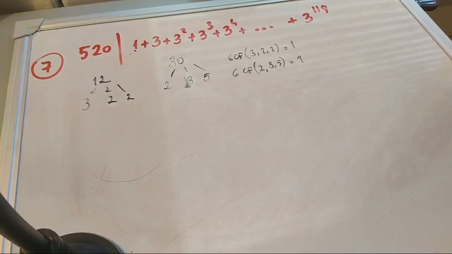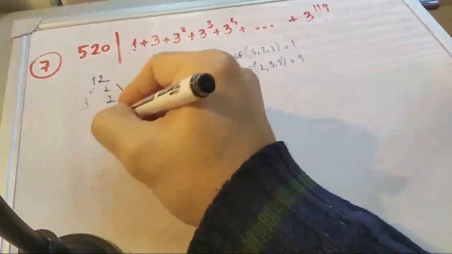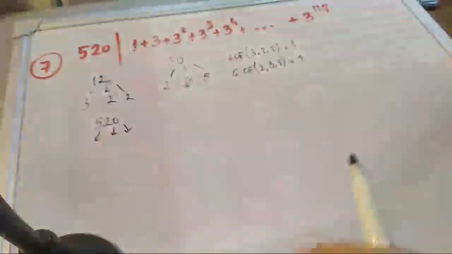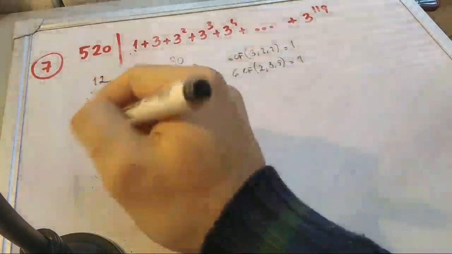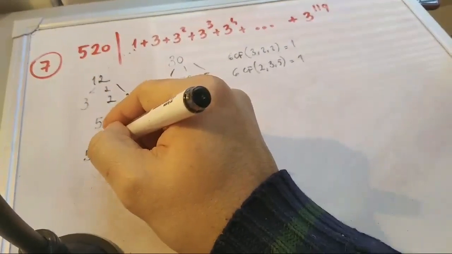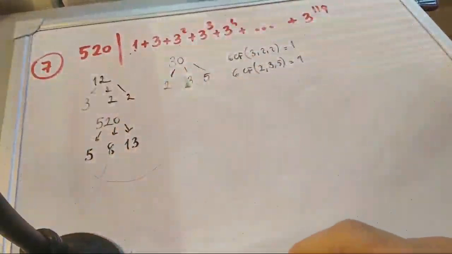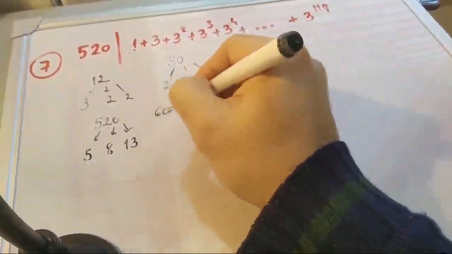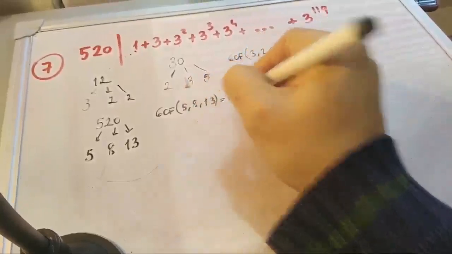So 520 is 5, 8, and 13. The greatest common factor of 5, 8, and 13 is also 1.